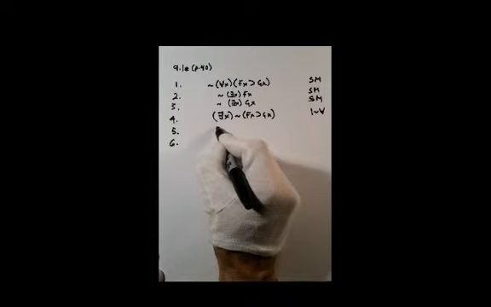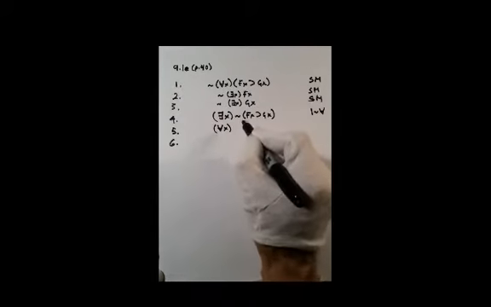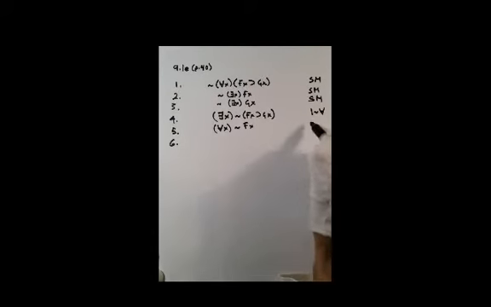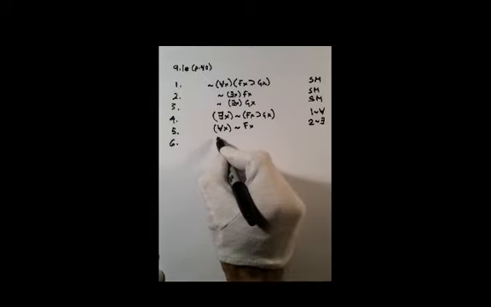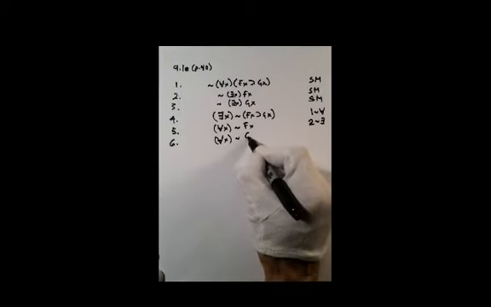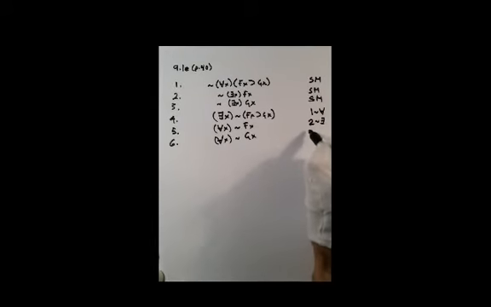Then from line 2, we're going to have for all x, it's not the case that f of x, and that's going to be from 2 by negated existential. And then line 6 is going to be for all x, it's not the case that g of x, and that's going to come from 3 by negated existential.